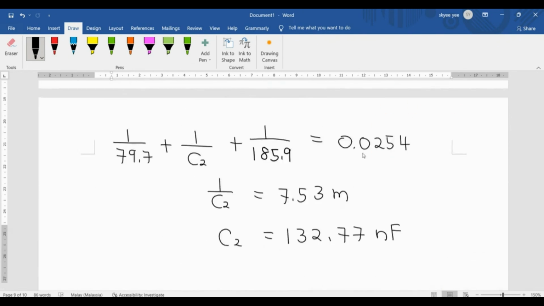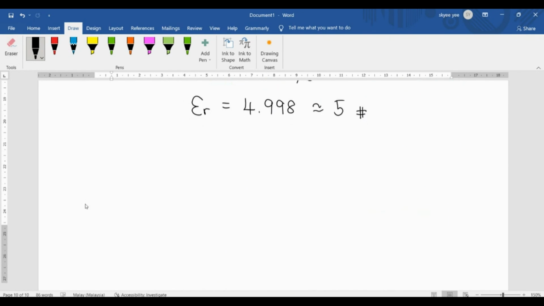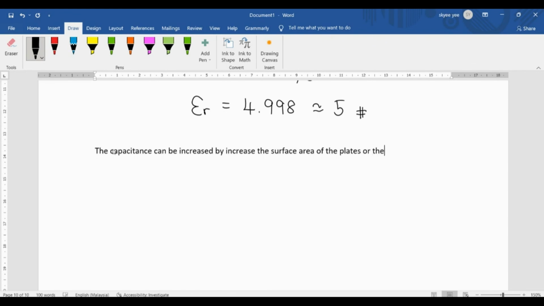So you can type your answer here. The capacitance can be increased by increasing the surface area of the plates or the dielectric constants of the material.